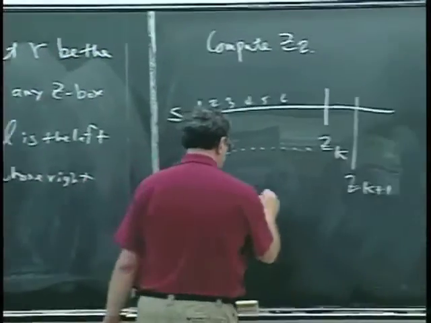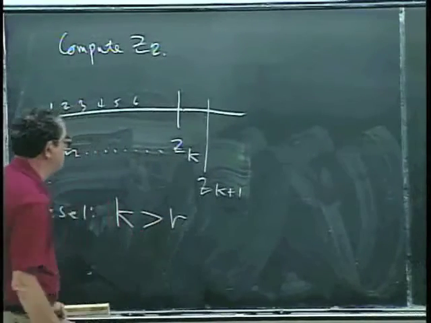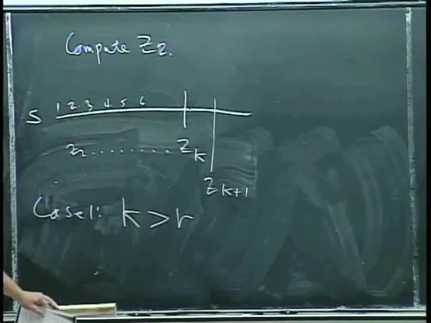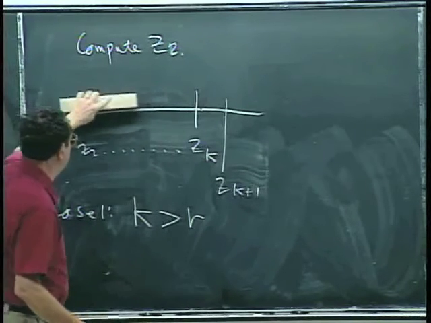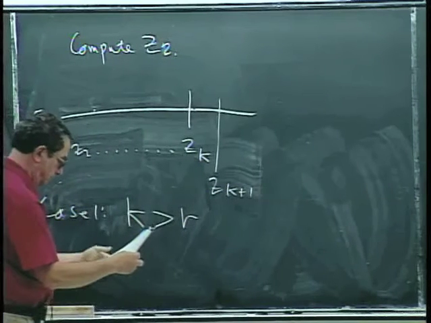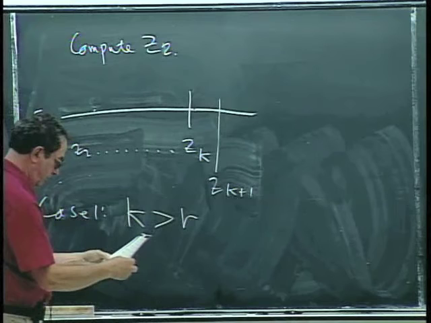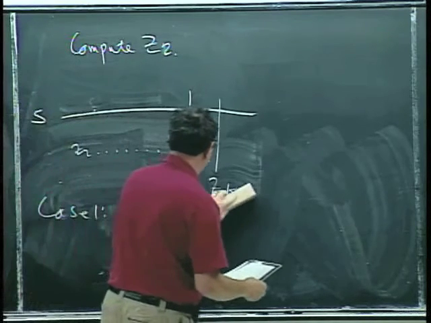Case 1, K is bigger than R. So that means that there's no Z box that goes as far as the position we're trying to compute.